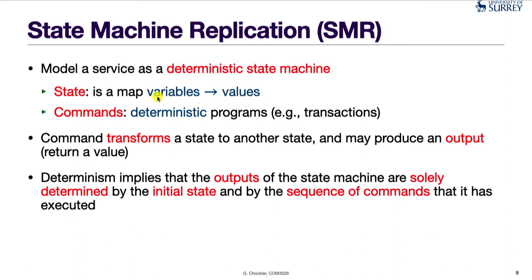In addition to that, in a state machine we also have commands. These commands are deterministic programs, which is why it is a deterministic state machine. One example of such commands can be transactions, like multiple operations that need to be executed atomically.